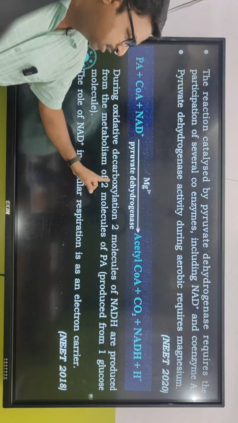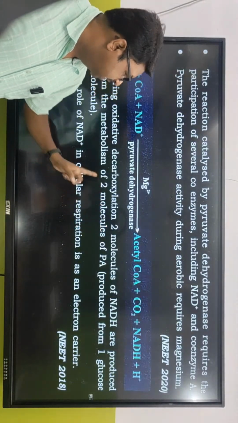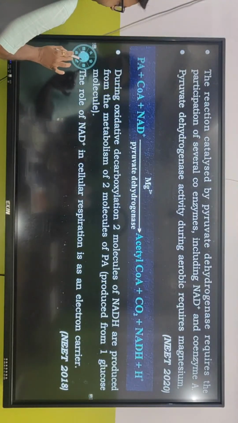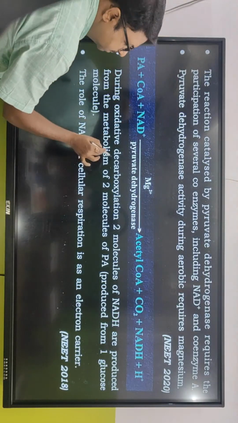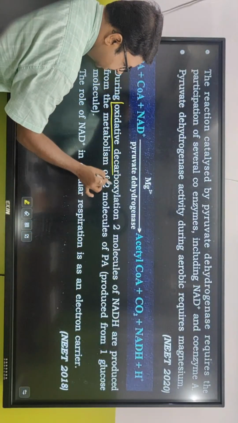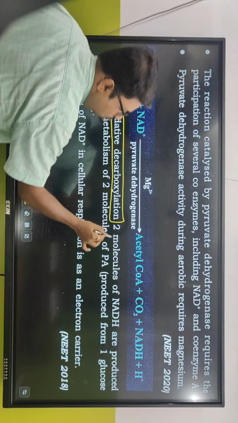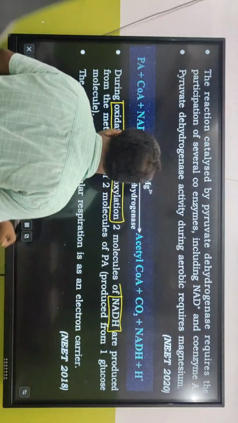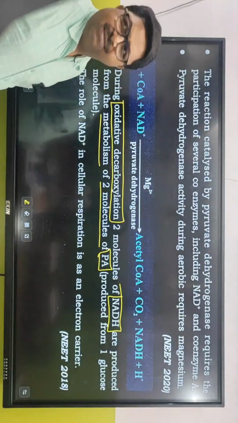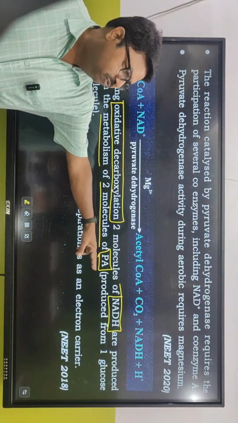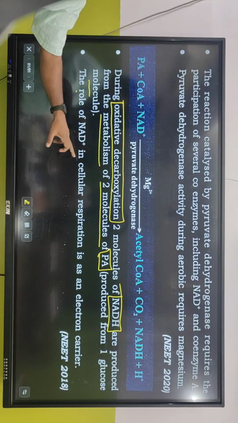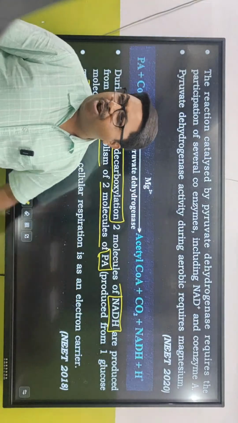During oxidative decarboxylation, two molecules of NADH are produced. What is oxidative decarboxylation? Link reaction. Two molecules of NADH are produced from the metabolism of two molecules of pyruvic acid, that is, from one glucose molecule. The role of NAD plus in cell respiration is as an electron carrier.